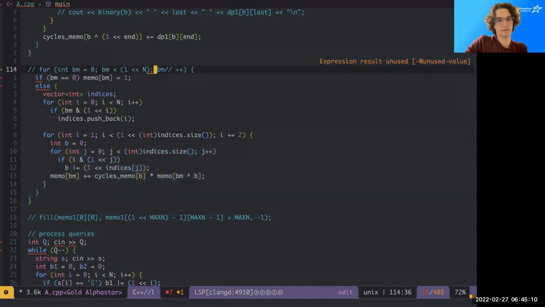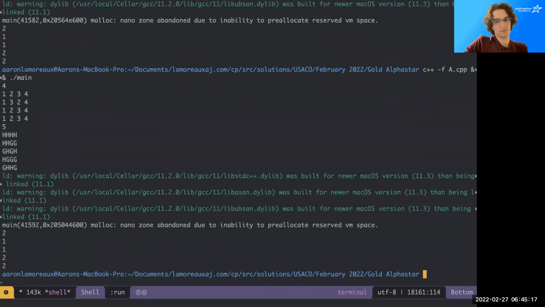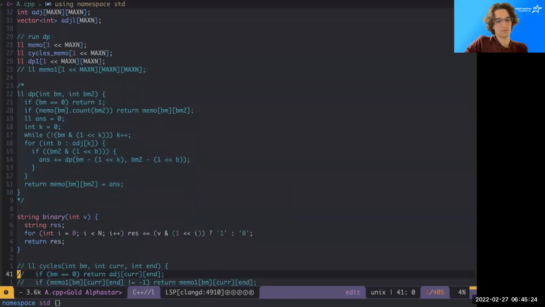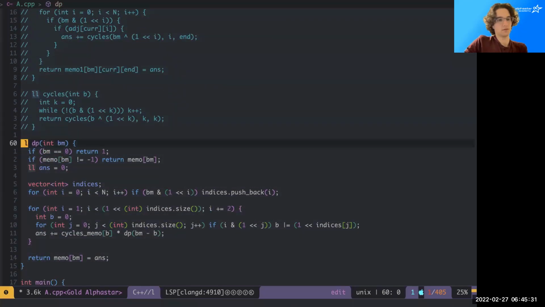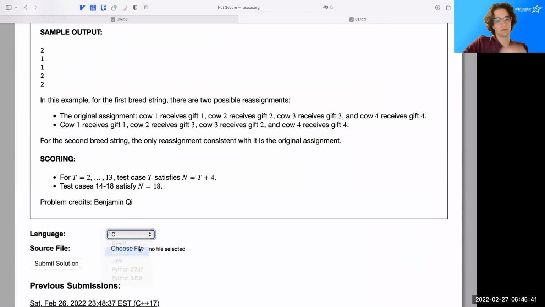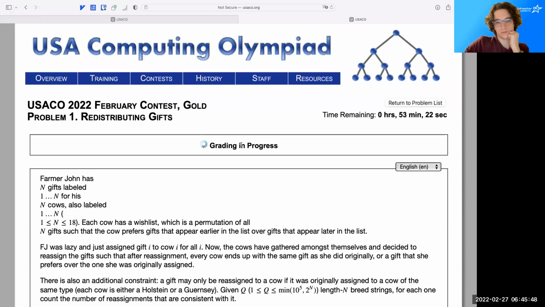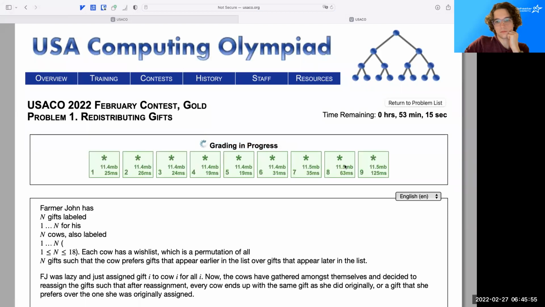That's not, I think I old one. It shrank a little bit more.